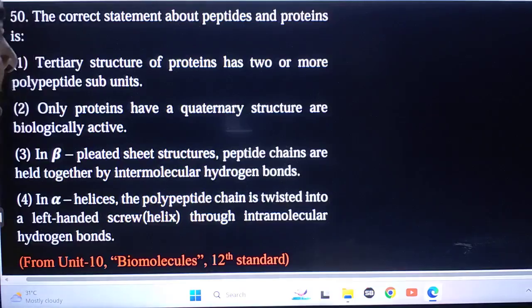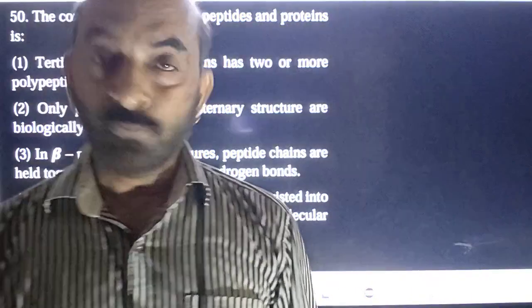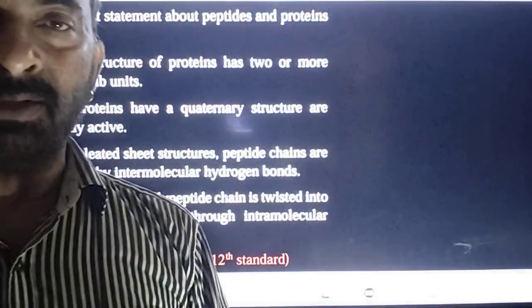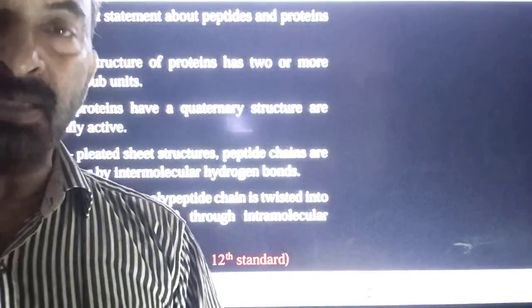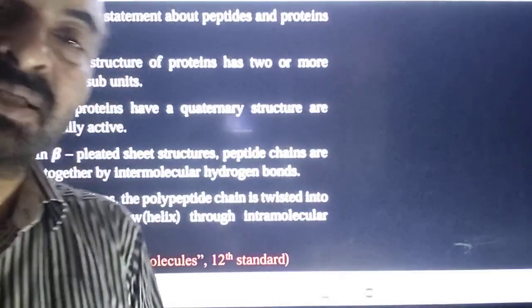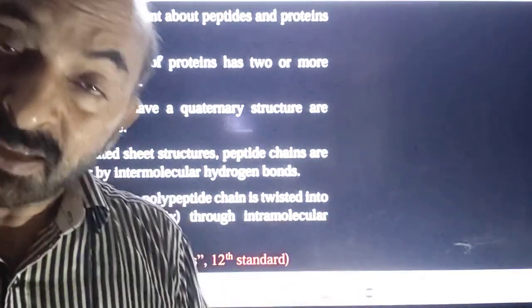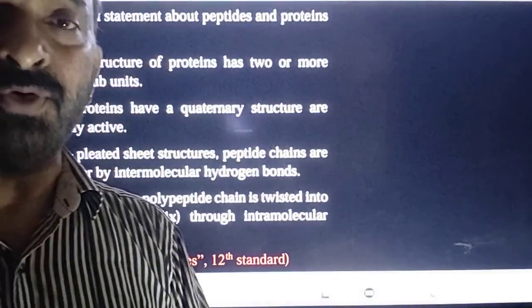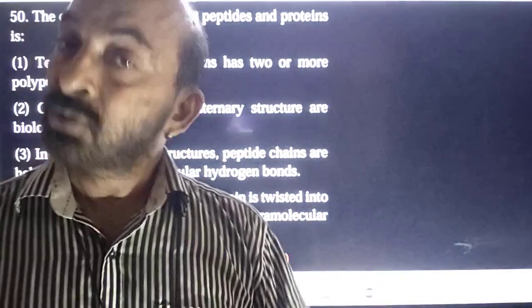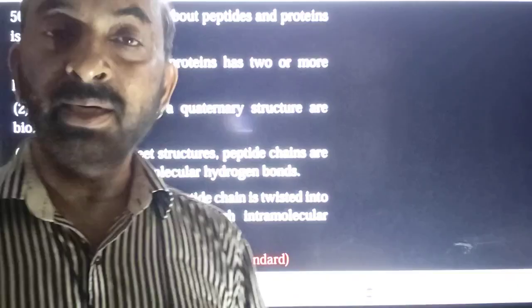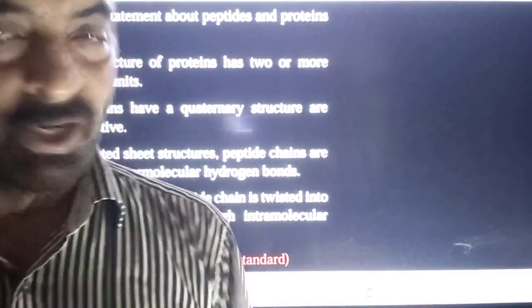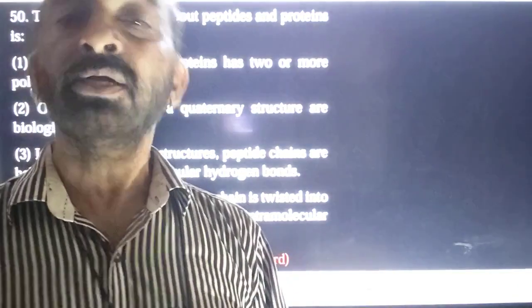Only proteins having a quaternary structure are biologically active. No. Of course, quaternary structures are biologically active, but in certain cases, only up to secondary structure is sufficient for some biological activity. In some other cases, only tertiary structure is sufficient. So, it can be secondary, tertiary or quaternary structure for biological activity. So, that statement is also incorrect.